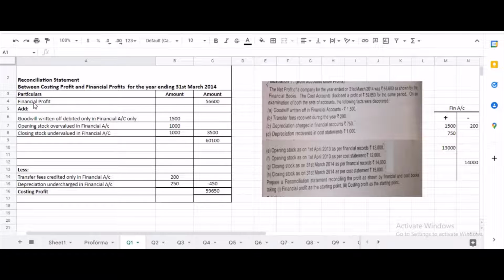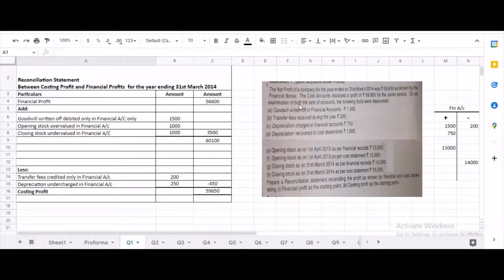The net profit given will be the financial profit, that is 56,600. The cost accounts disclose a profit of 59,650 for the same period. How does the difference come? We are going to check that.